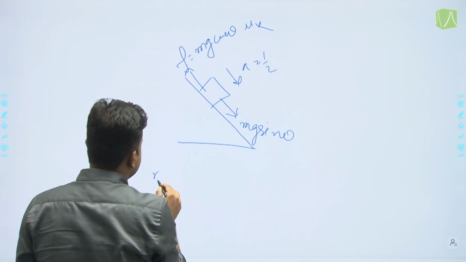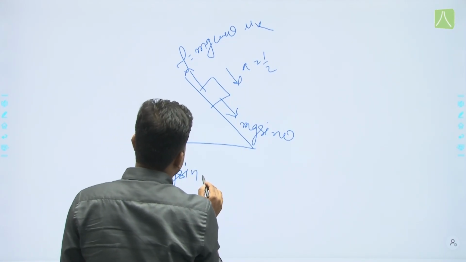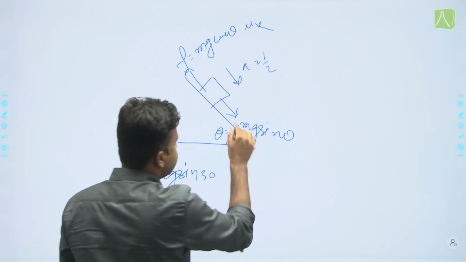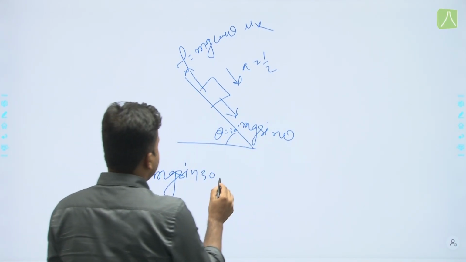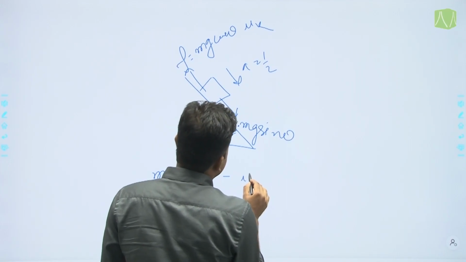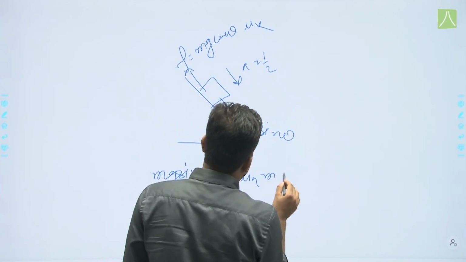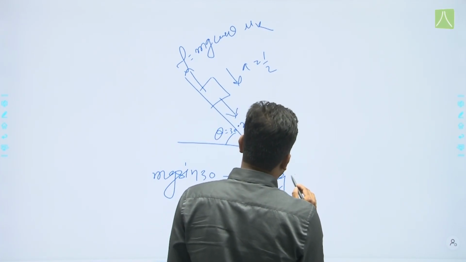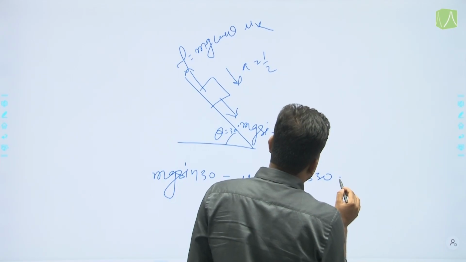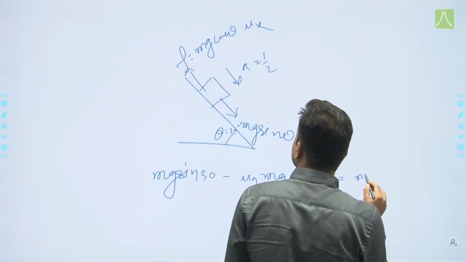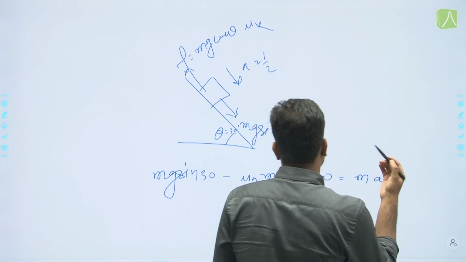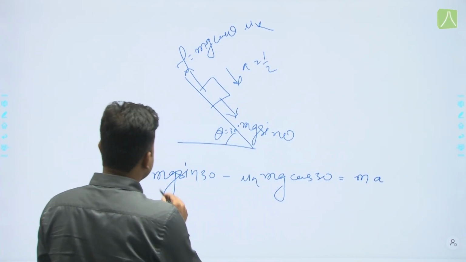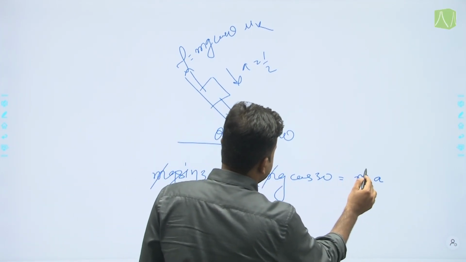Write down the equation here: mg sin 30 degrees, because theta is 30 degrees, at 30 degrees it starts sliding with acceleration a, minus mu k, which we have to calculate, mg cos 30, first I am writing cos 30, you can directly write the values also, equal to m into acceleration, which we calculated as 1 by 2. From here, m is in every term, so we can cancel it out.